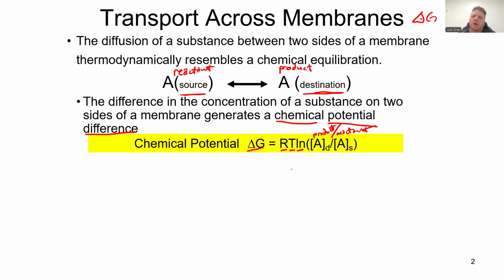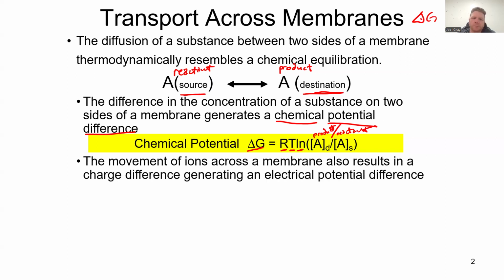So effectively we're looking at the delta G, the free energy of something being on two sides of a membrane, and we can relate that to equilibrium. What are the two concentrations of these substances, and how does that relate to our delta G, our free energy of a reaction?